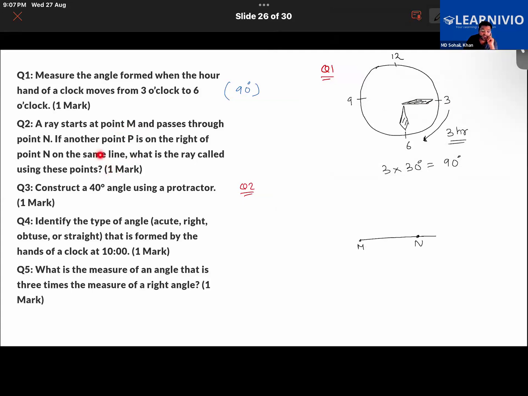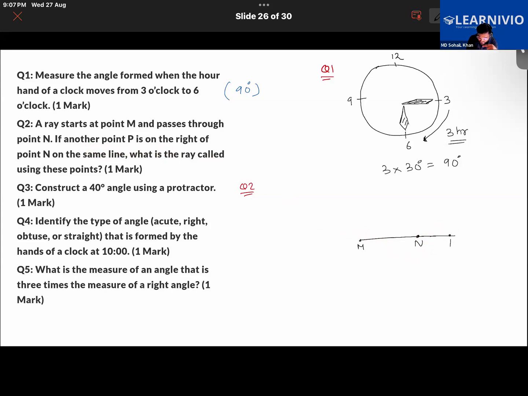What are you saying, Sumaya? See now, if another point P was on the right of point N, there is another point P on the right of point N. Right of point N means on this side.